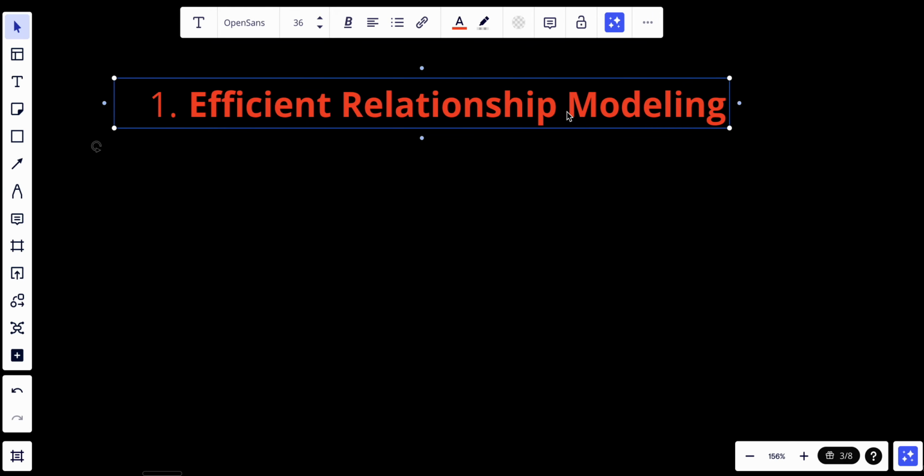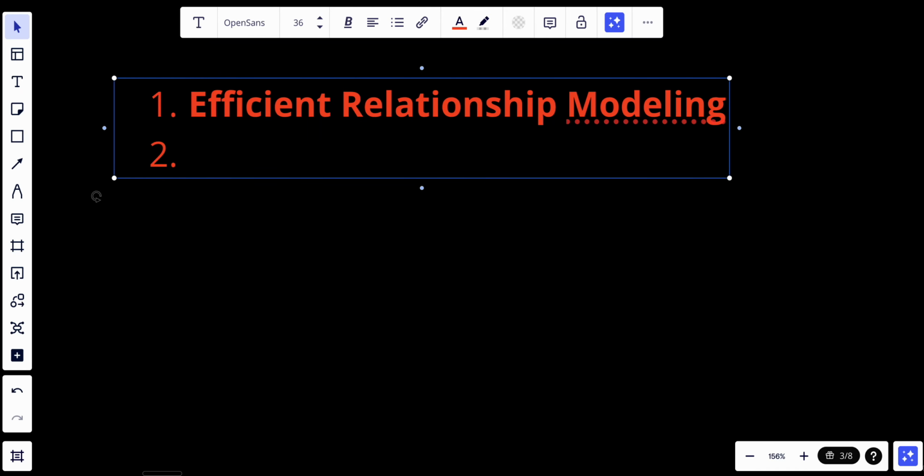Graph databases excel at modeling complex relationships between data entities, such as social networks, recommendation engines, fraud detection, and knowledge graphs. Traditional relational databases struggle with complex joins and queries involving many tables, while graph databases handle this naturally, like butter.